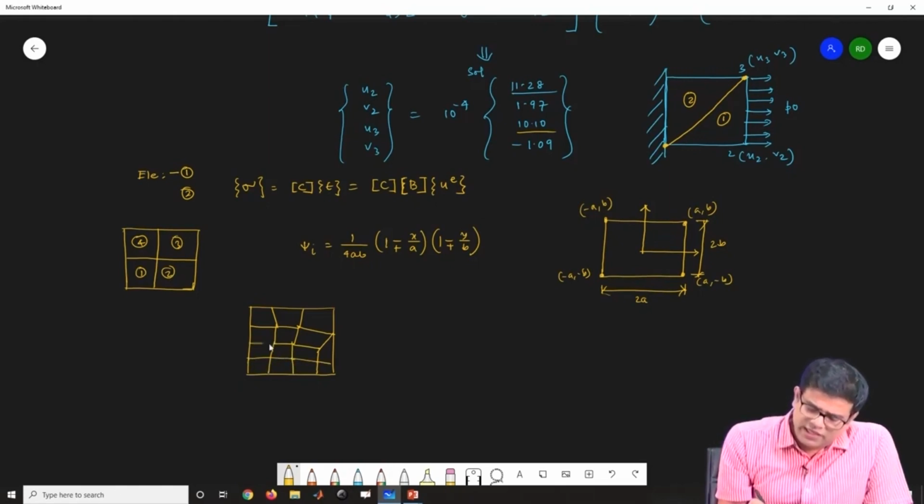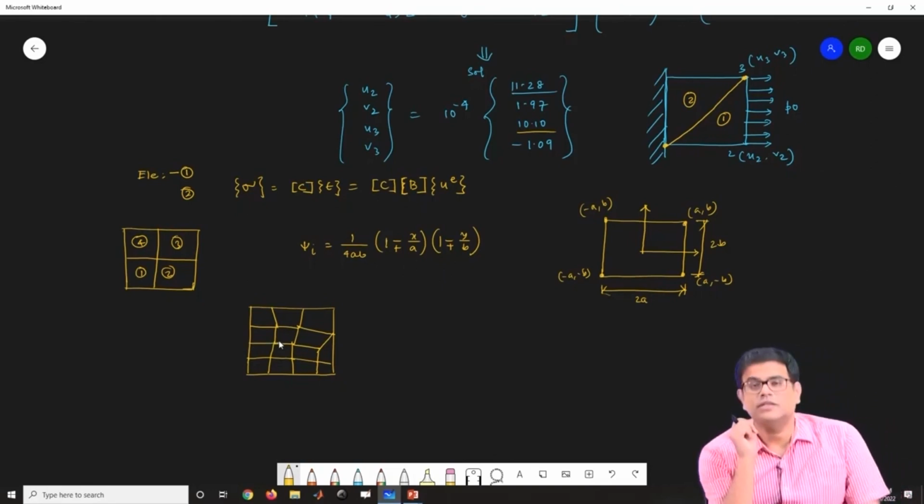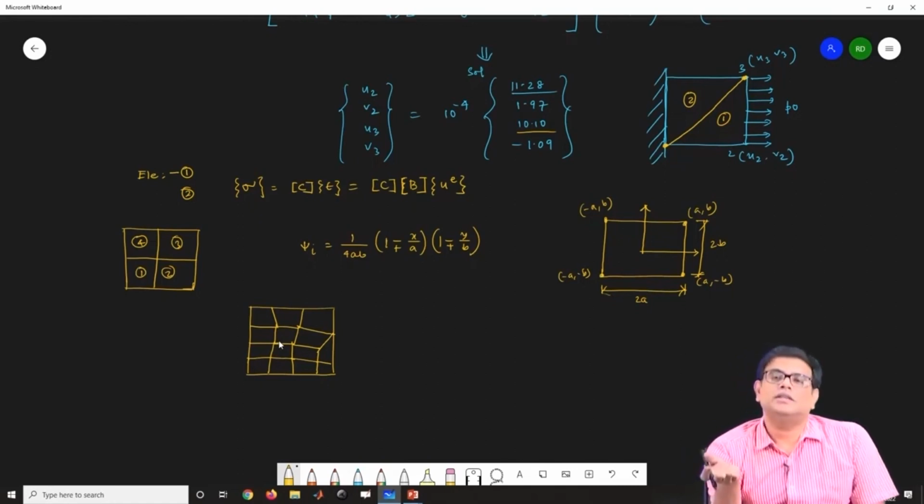To solve this problem with such a discretization, I have to use Gauss quadrature rules, and naturally the Jacobian and all those things have to be calculated. That we have already studied.